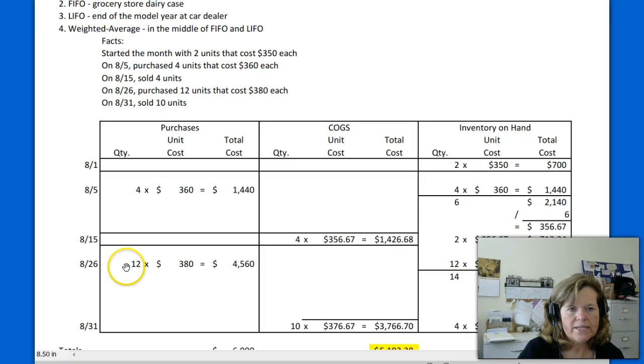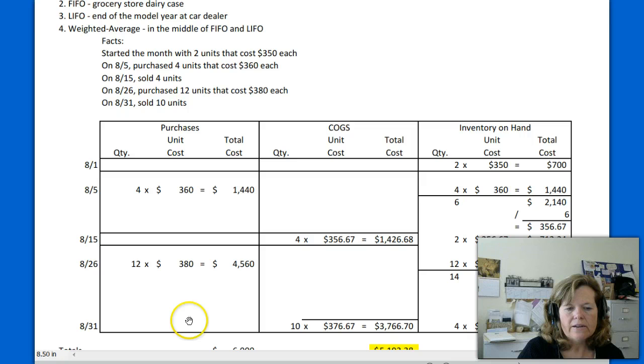I come down to the 26th, I bought 12 more units at $380 for a total of $4,560. I bring that over here to the inventory on hand, and I can now add that together. I now have 14 units on hand, and my total cost is $5,273.34. It's the total of the $713.34 and the $4,560.